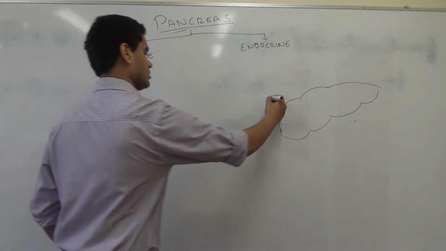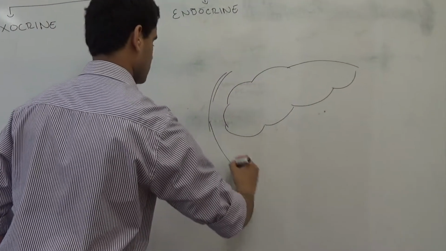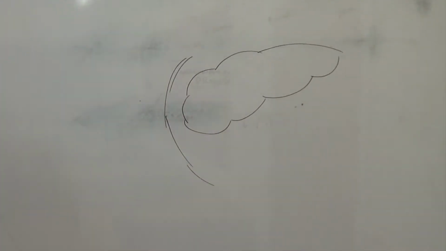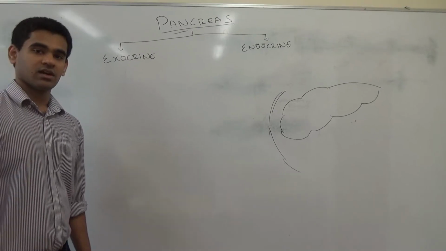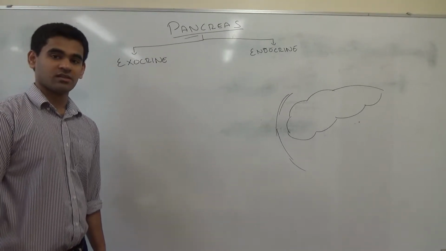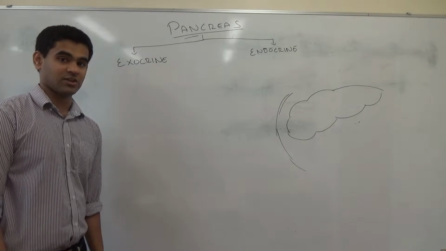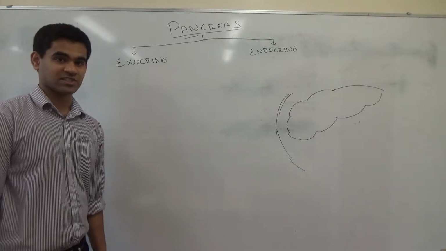Okay. And that's the duodenum. And exocrine glands, by definition, are glands that secrete substances into ducts, and then these ducts drain the secreted substances onto epithelial surfaces towards the outside world.